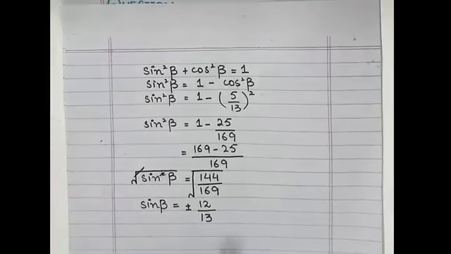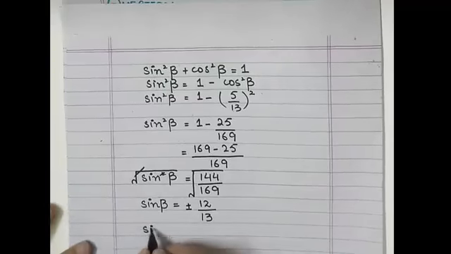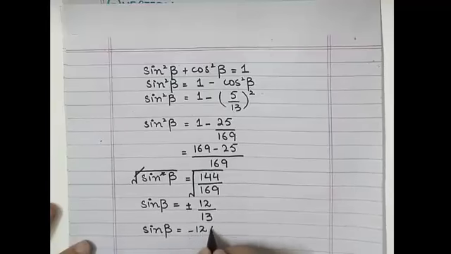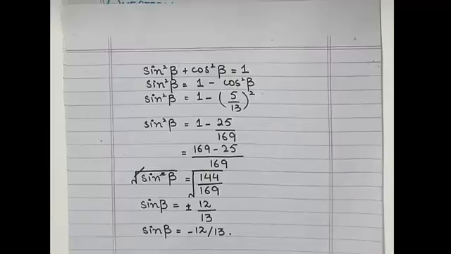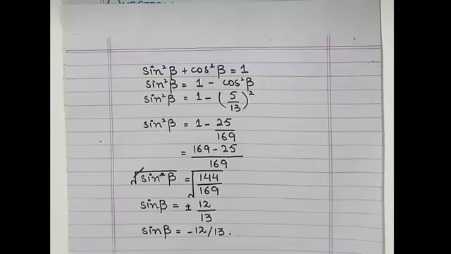Since the terminal arm is in the fourth quadrant where the value of sin is negative, we will write sin beta is equal to minus 12 over 13. So we have found 4 values: sin alpha, sin beta, cos alpha and cos beta. So first write all of these values and then we will put it in the formula.